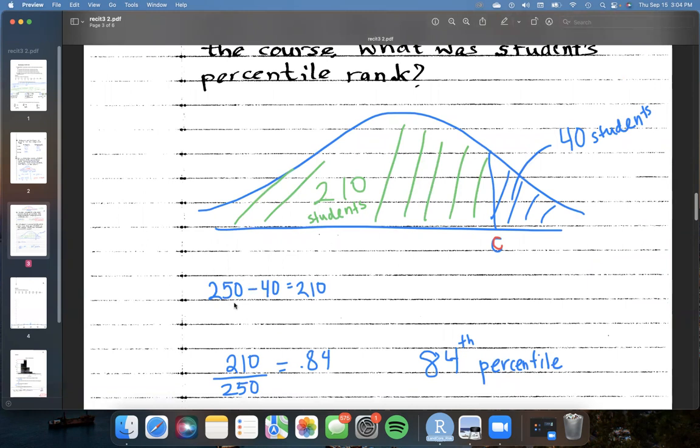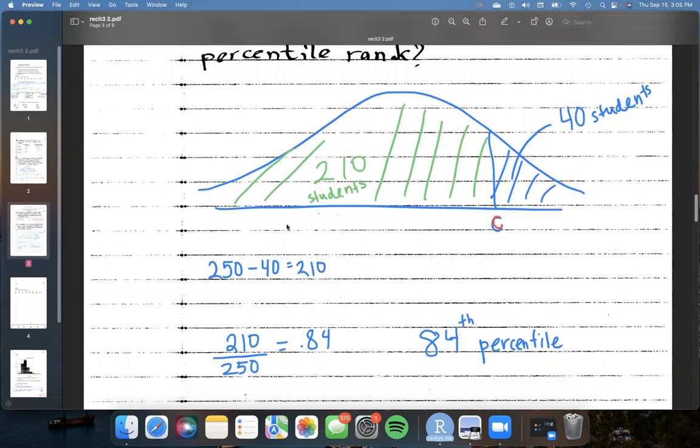And we know that our total is 250. So we're going to take 250 and subtract 40, subtracting this right-hand side of C, to get 210. So here the green area is 210, the blue area is 40. And now, because we work from left to right to compute the percentiles, we're going to do 210 because we need the area to the left of C. So we're going to take 210 and divide that by the total 250, and we'll get 0.84.